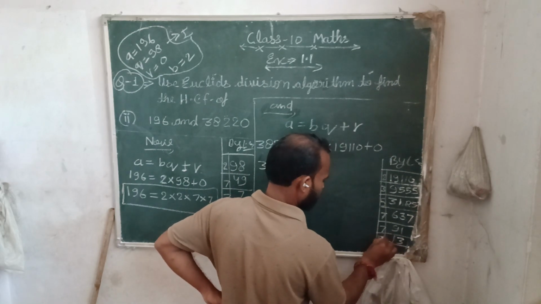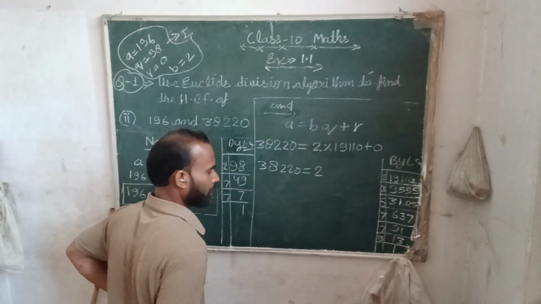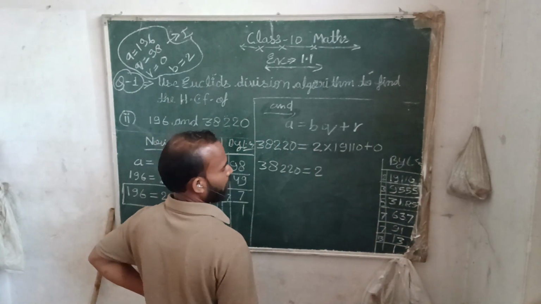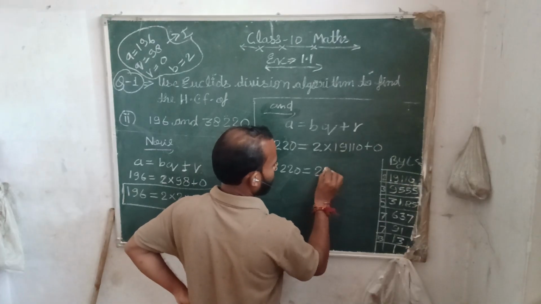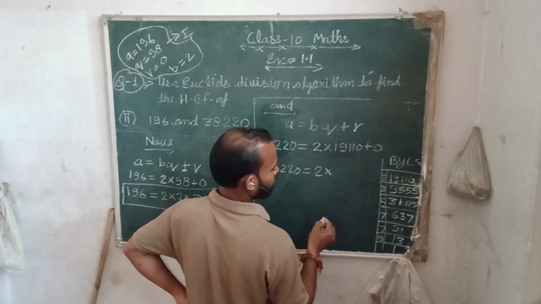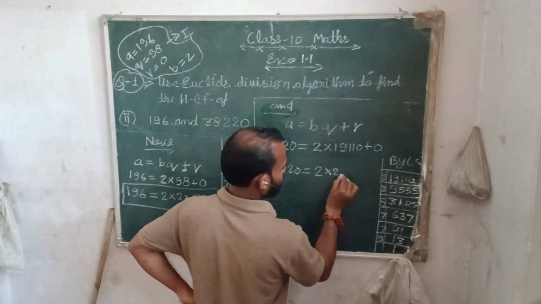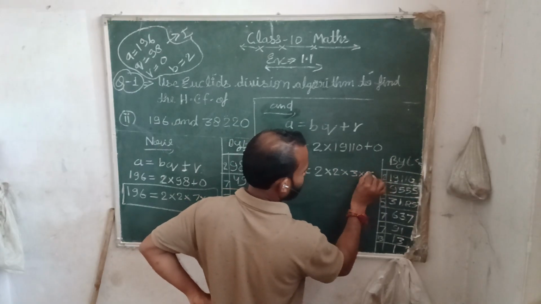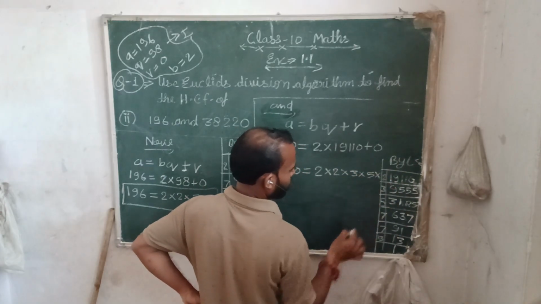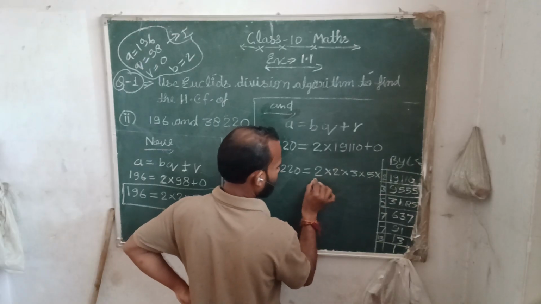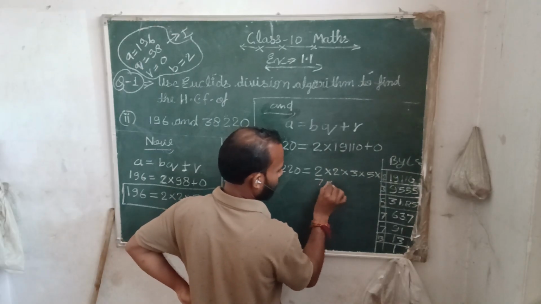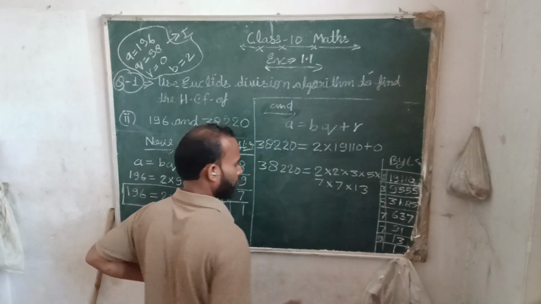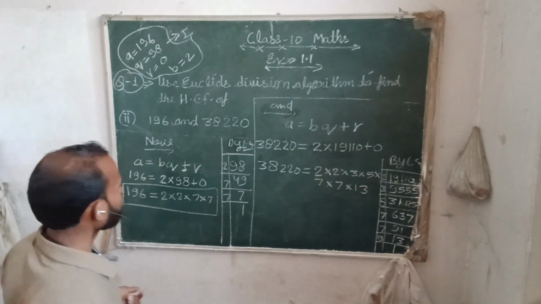Divisible by 13, 13 ones are 13. So the factors of 19,110 are 2 into 3 into 5 into 7 into 7 into 13.